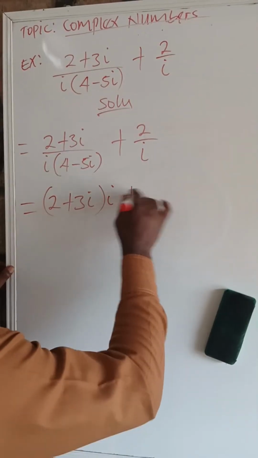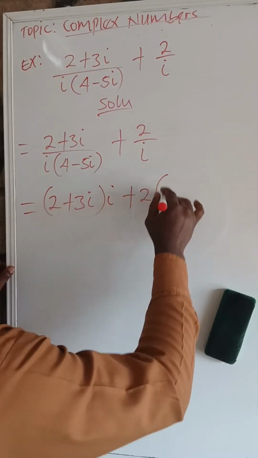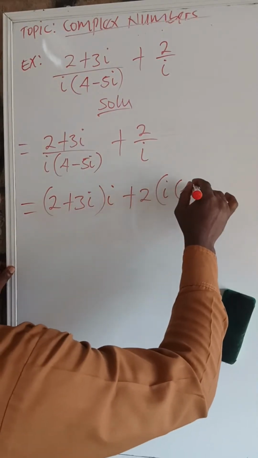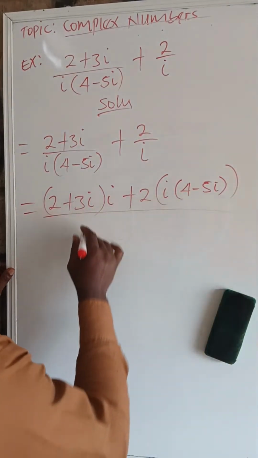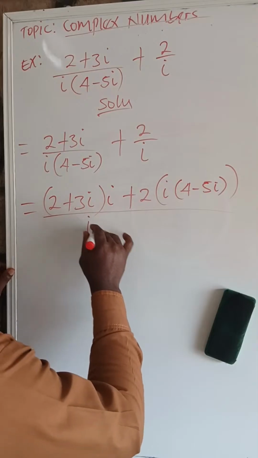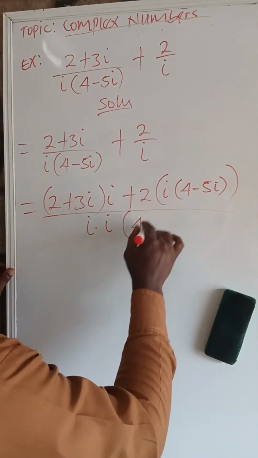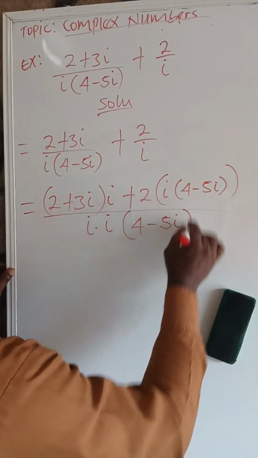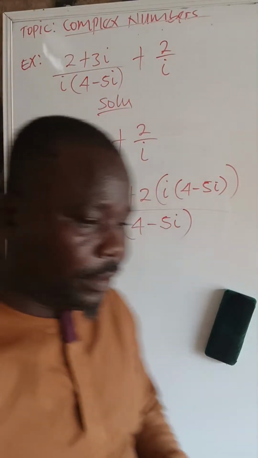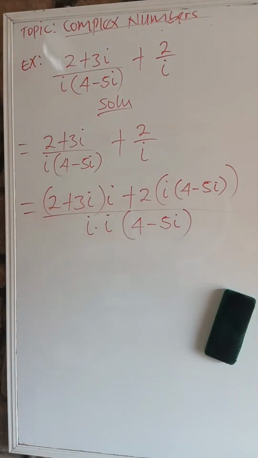This is i plus 2, open bracket, 4 minus 5i, close bracket, all over i times i, open bracket, 4 minus 5i. Do you understand what I am doing here? You understand what I am doing here, right? So we are making that more complex.